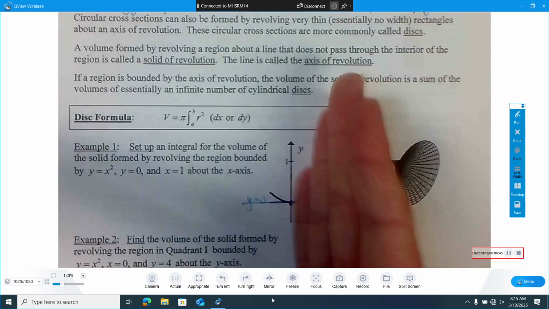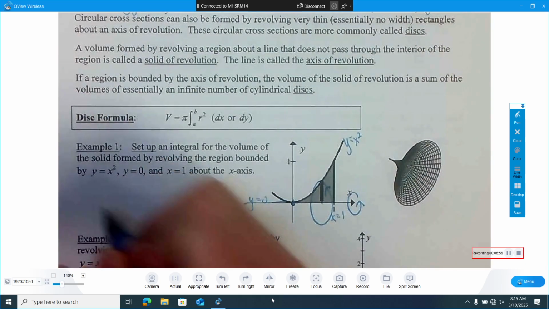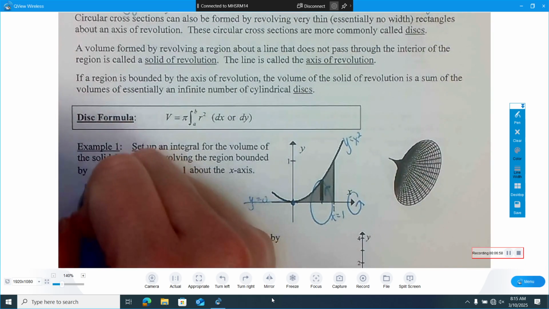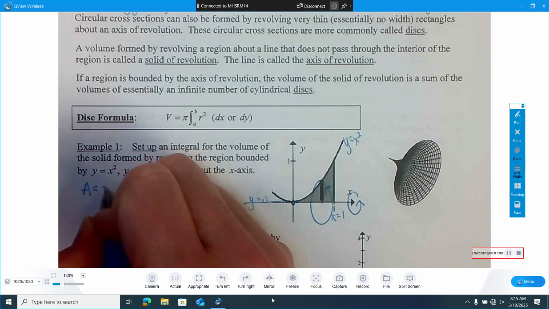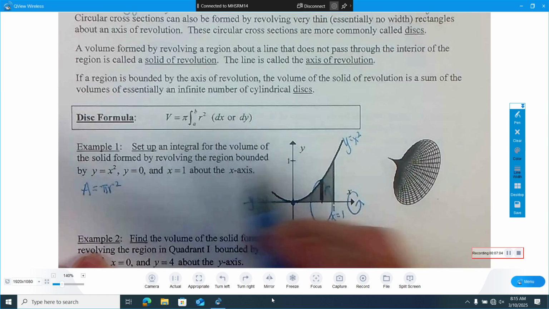And if we add them all together between 0 and 1, that's going to give us a volume of rotating circles around the x-axis. It creates this very cool shape. And so the volume, well, let's see, we have our area is pi r squared, but what is that radius?